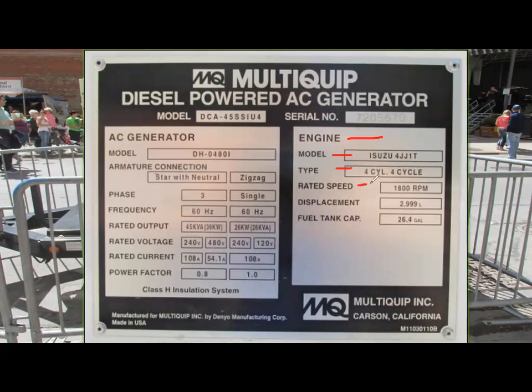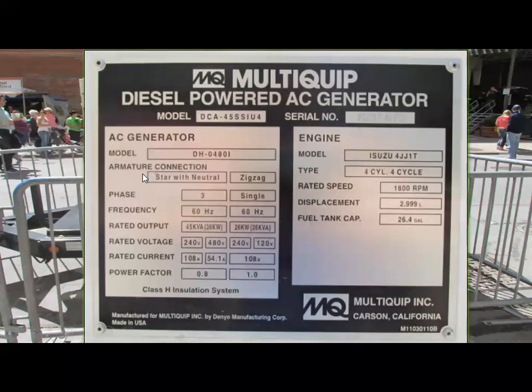But let's take a look at the speed, because the minute that we see 1800 RPM, we know that this is a 4-pole generator, because that 4-pole generator will actually give us our rated frequency, which has to be 60 hertz. So important to understand the speed, and they're not all 4-poles. Some of the smaller portable generators would be 2-pole generators, and their RPM would be 3,600 RPM. So we always want to pay attention to that a little bit.